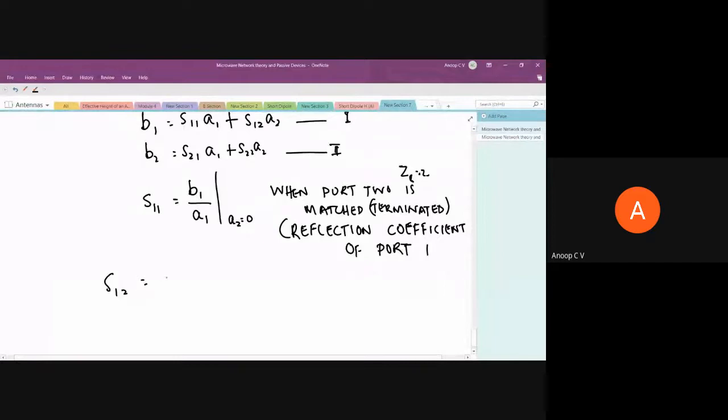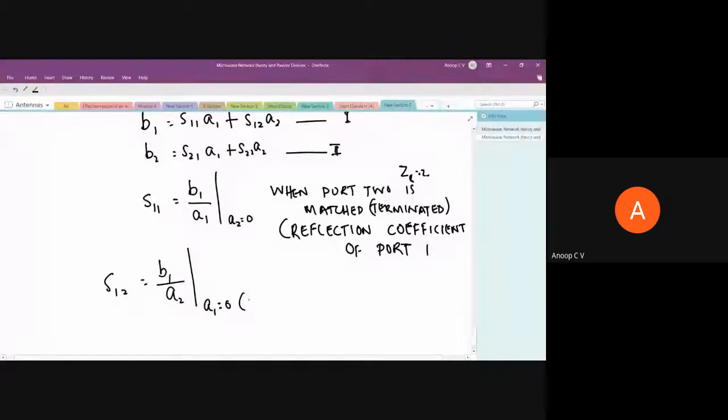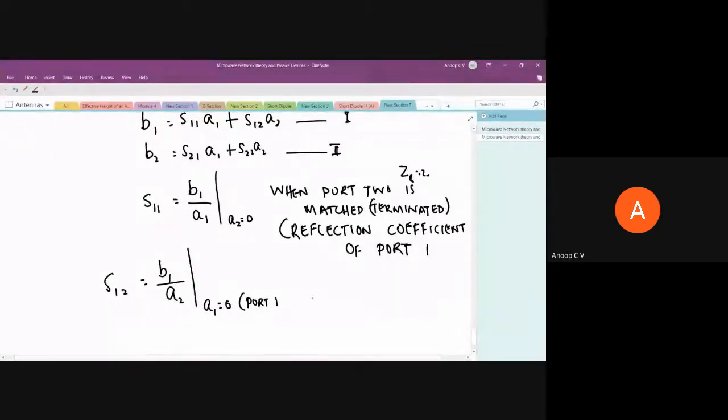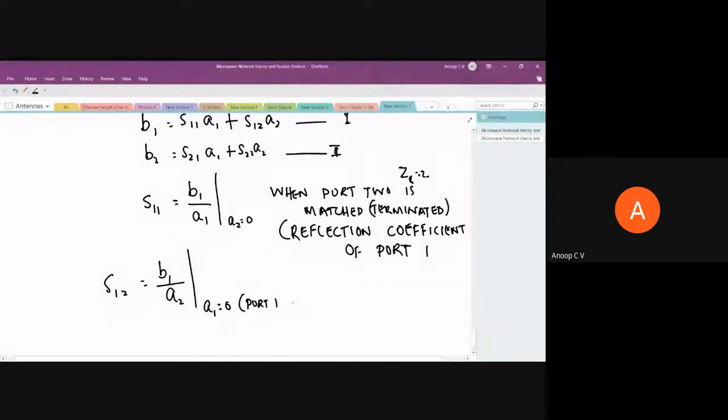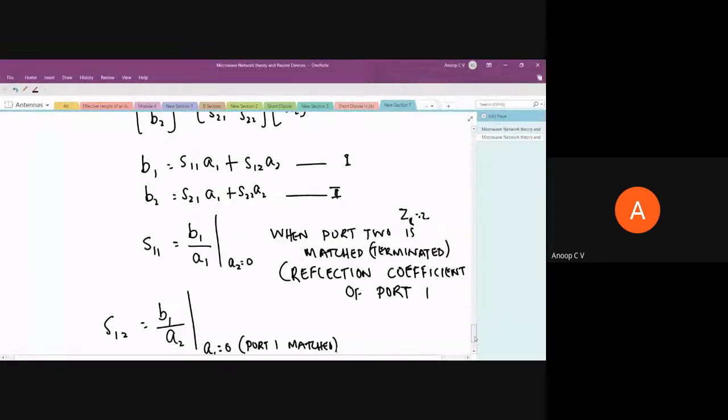So what will be S12 now? S12 will be B1 by A2 when A1 is 0. A1 is 0 means port 1 is matched. Maybe we'll see this diagram, then it will be easy for you to work.